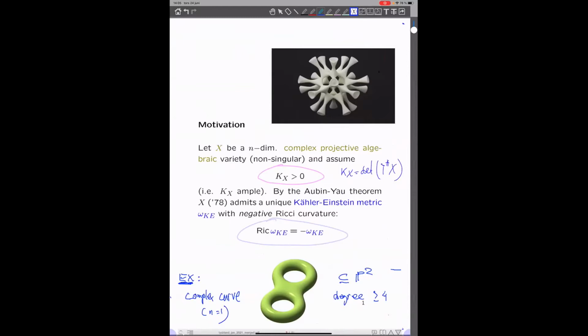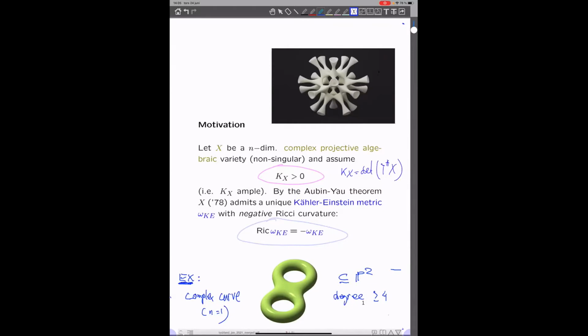So let me just very briefly say that I think of X as being cut out by a bunch of polynomials, say in C^n, complex space, and then we compactify that in complex projective space to get the complex projective algebraic variety. And then you can basically classify those varieties according to properties of the canonical line bundle.